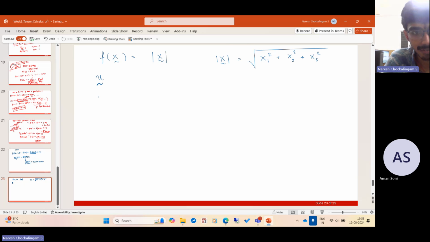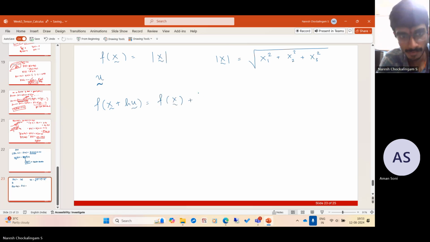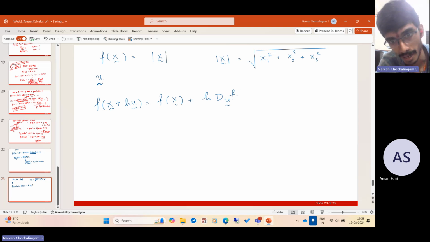What is the directional derivative? You perturb the vector in that direction and write f of x plus hu is equal to f of x plus h times the directional derivative of f in the direction u at the point x, plus terms that vanish faster than h.